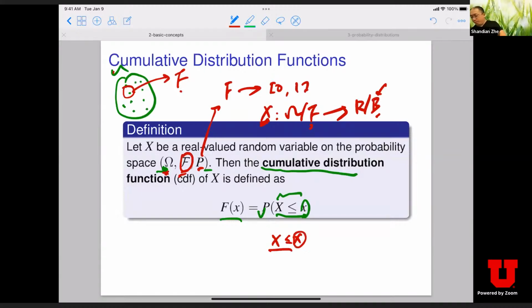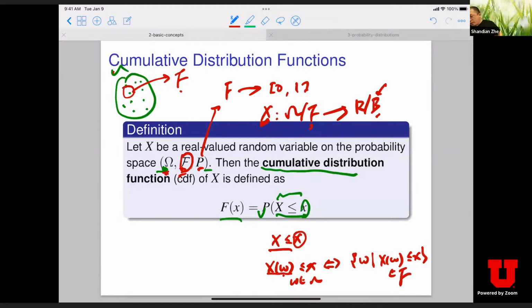People usually represent this inequality as a function of the sample from the sample space. This represents an event in the event space, such that the random variable's output is less than or equal to x. This belongs to the event space.